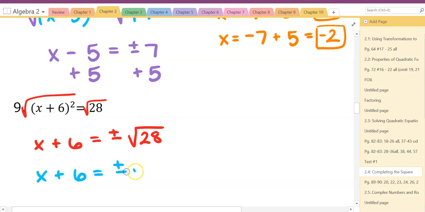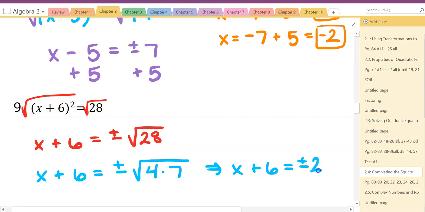So is it 4, 9, 16? 4 times 7. So I'm going to rewrite this as 4 times 7 underneath there. So then it says x plus 6 equals plus or minus. The square root of 4 is going to be a 2. So a 2 comes out. The 7 has to stay underneath the square root sign.